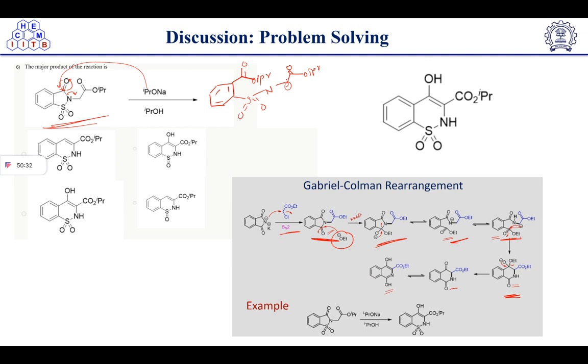Now this negative charge will attack on this center. 1, 2, 3, 4, 5, 6. 6-member cyclic ring formation will take place. It will open up, back push, and it will eliminate this one.